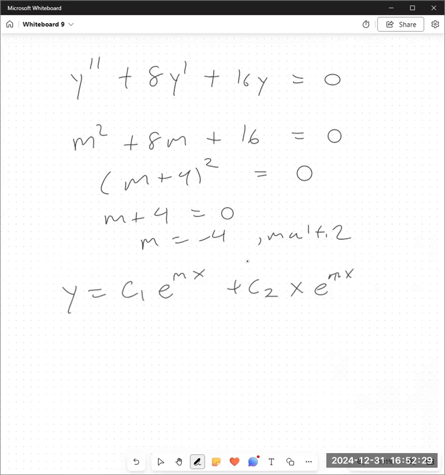So the first solution is just c1 e to the mx. The second solution, c2x e to the mx. The third solution would be c3x squared e to the mx if I had a multiplicity 3, and so on. So let's go ahead and write the answer here: this would be c1 e to the negative 4x plus c2x e to the negative 4x.